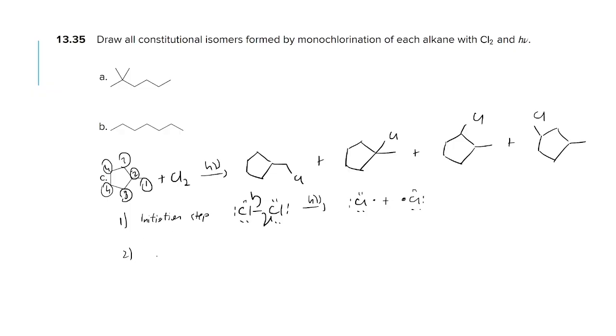And the second step is the propagation step. So what happens? Let's draw the alkane, and I'm going to explicitly show the hydrogens here so that you can follow the reaction mechanism. The alkane is going to react with the radical, so the radical will abstract one of the hydrogens. How will the reaction work?